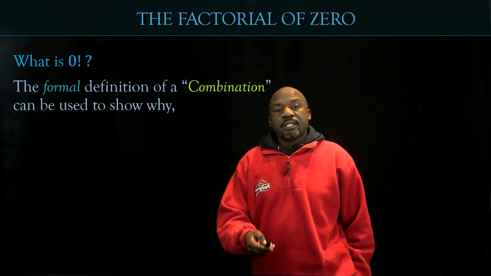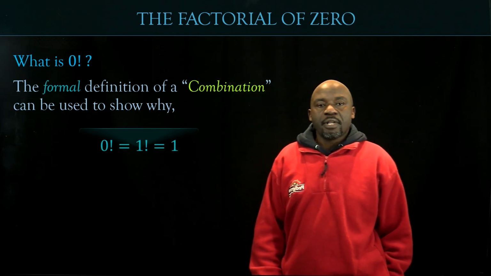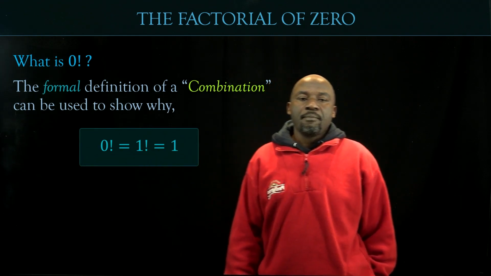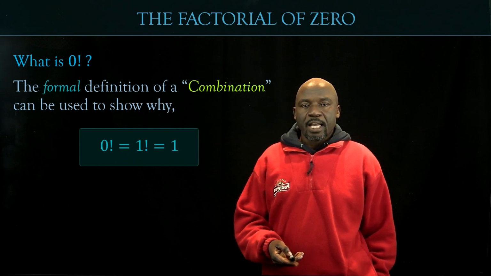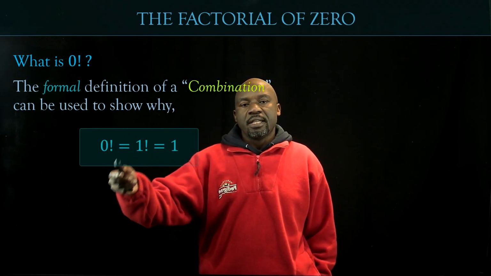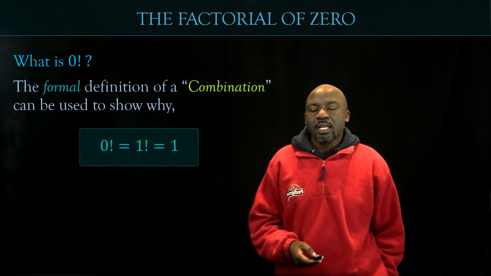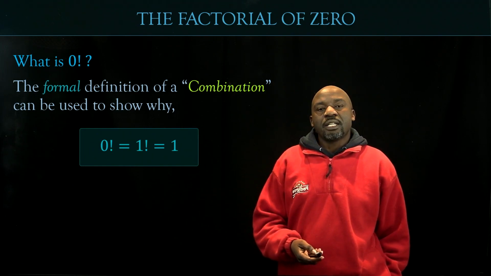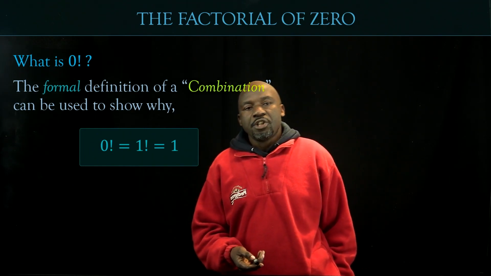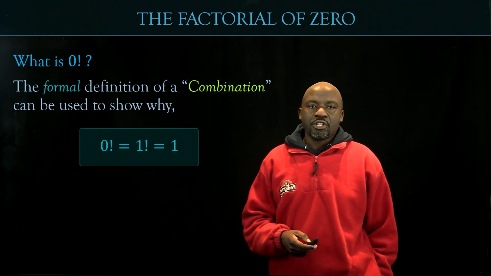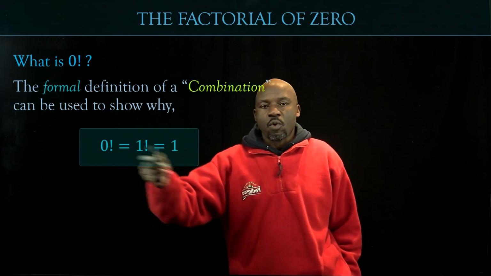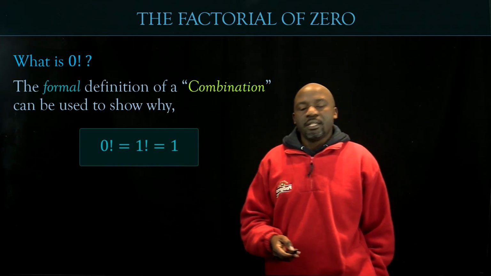Okay, so we will see that the number 0 factorial is the same thing as 1 factorial and is always equal to 1. Okay, so we don't need to go into further details as to why 0 factorial is 1. We could use advanced mathematics to show it, but it is sufficient to use our definition of combination, which is coming later in these discussions. We can use that to understand why 0 factorial is equal to 1.